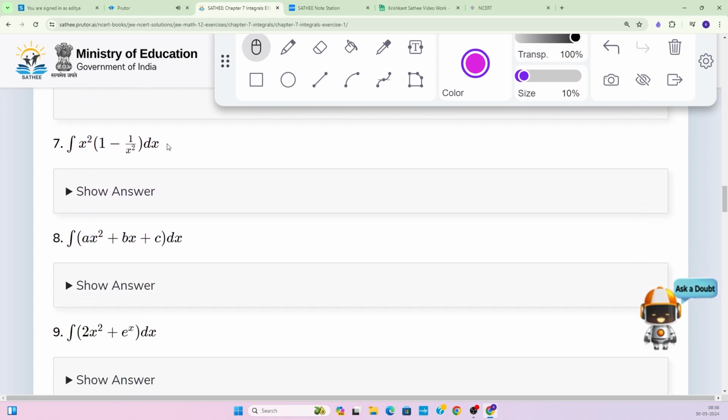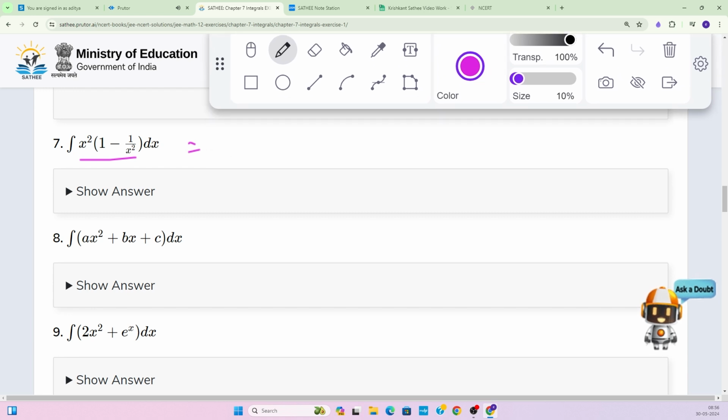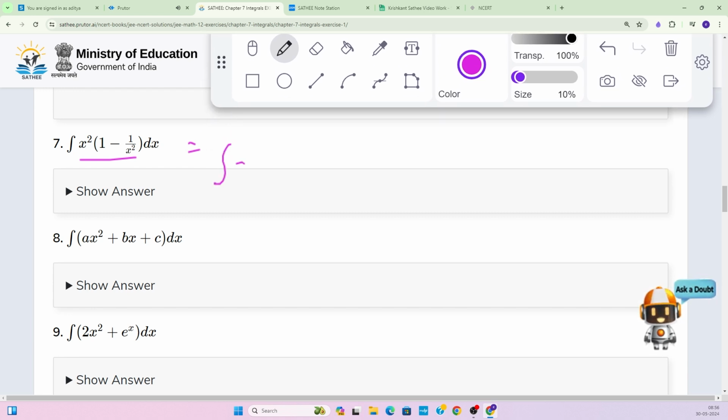Problem number 7. Now simplify it. You will have integration of x^2 minus integration of 1.